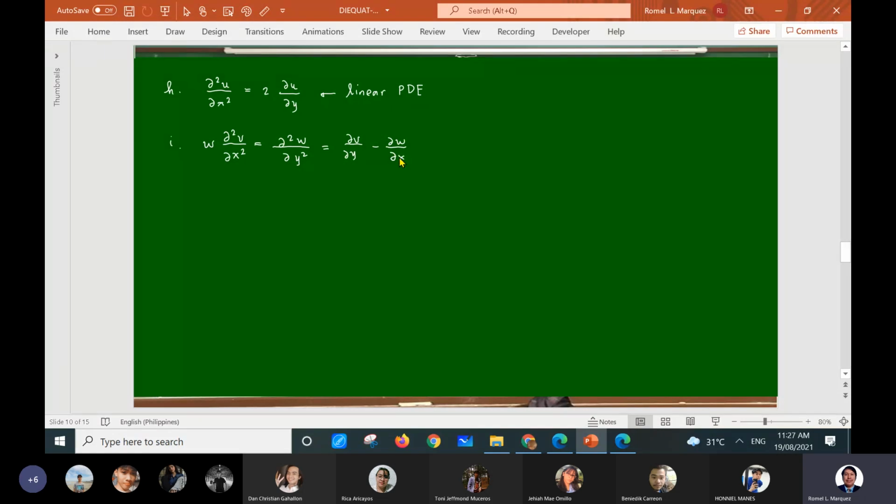What about this one? This is non-linear. Why non-linear, guys? Non-linear PDE because v and w are both dependent, and a dependent variable is multiplied by a derivative.